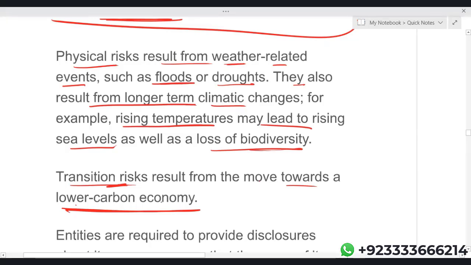Let me tell you. Obviously, if the country is going towards a lower carbon economy, you have to contribute. If you're not contributing, then the law will affect you. If the law says you have to curtail the CO2 emission and you are unable to do that, your business will be in hot water. Then you have to face the consequences.